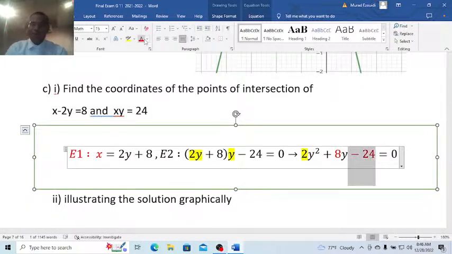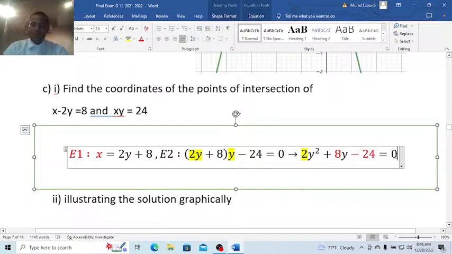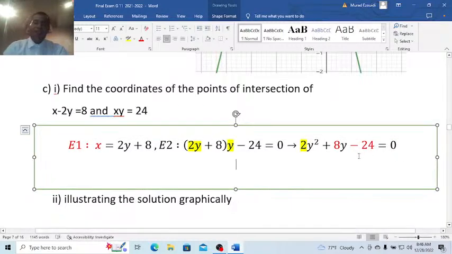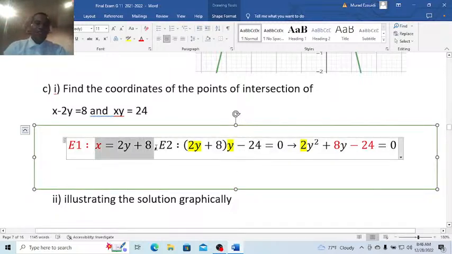Now I'm showing you the method of how to find the coordinates of the points of intersection for these two equations. Apply the quadratic formula to find the value of y. Then after finding the value of y, you should replace it in equation number 1 to get x.